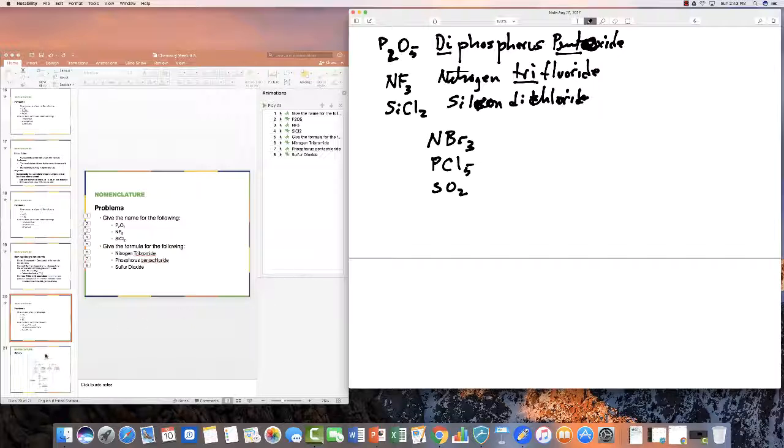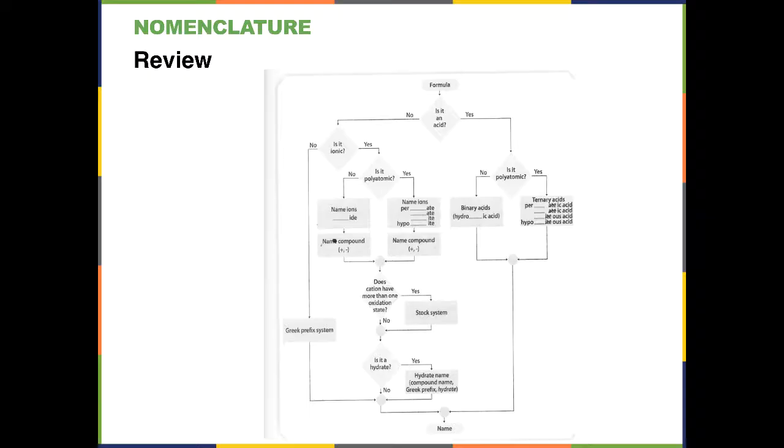So let's finish up with a review table. This review table will help you if you get this down, and I believe it's in your book. If it's not in your book, it's in a book that I used in the past, and I think it's very useful. So you start out with the formula, and the first question you ask is, is this an acid or not?